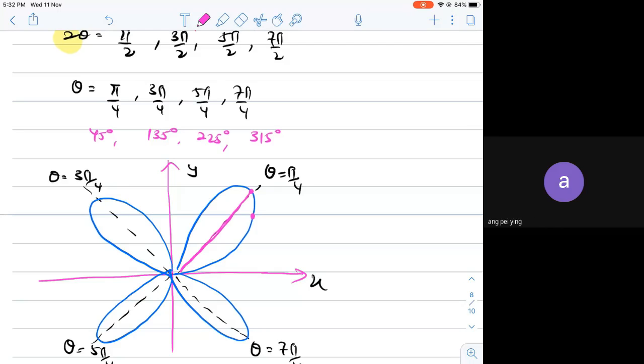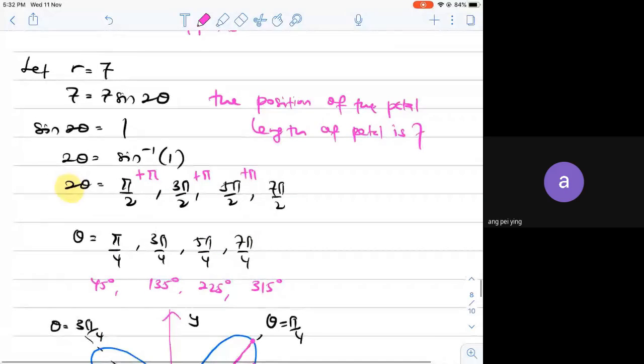Oh, so this is just to find the length of the petal. Yes, we need to let R equal the length of the petal. And then it's a must, is it? I mean, it's a must to write R equals 7, then only you can continue with your calculation, is it? Yes.